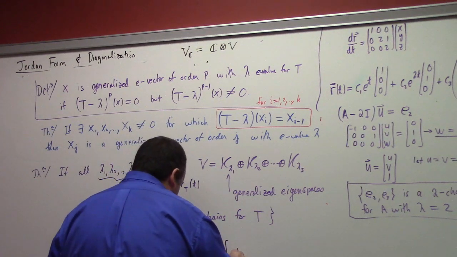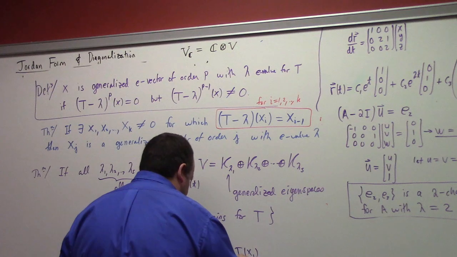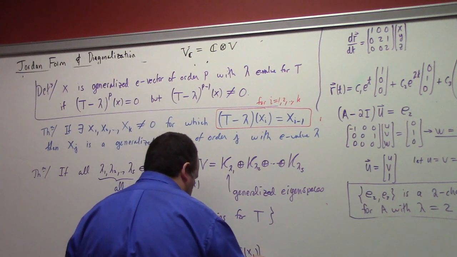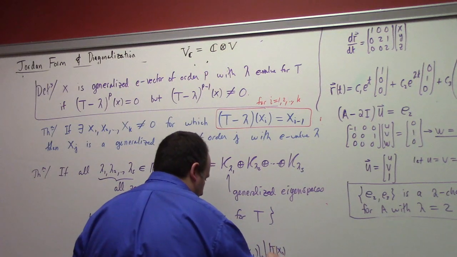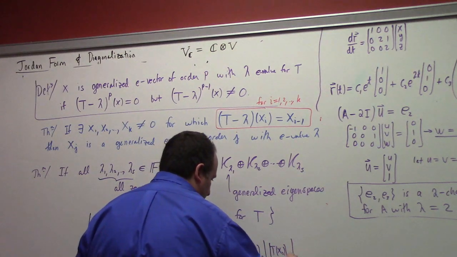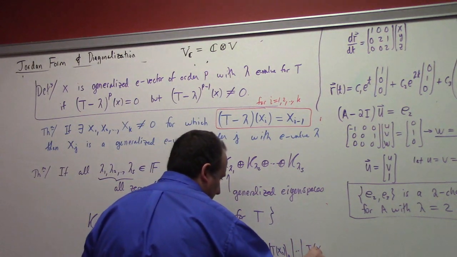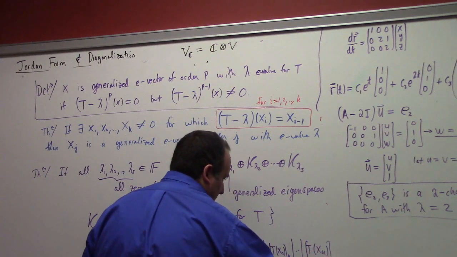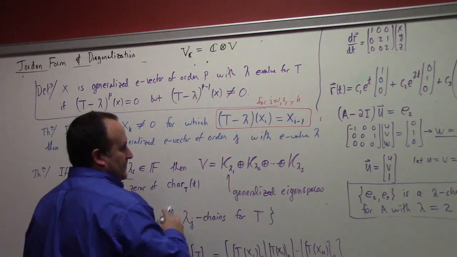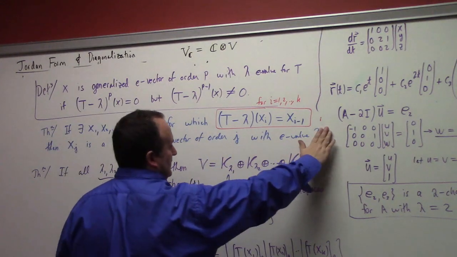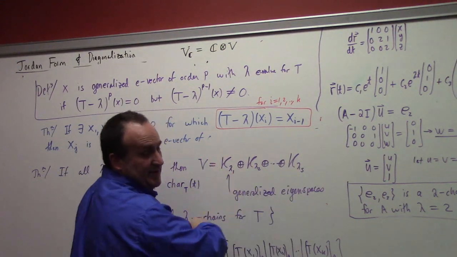T of x1, T of x2, and so on, T of xk. Now, what are the formulas for these? Well, let's look at the chain condition up here and rewrite it. Let's repackage this.